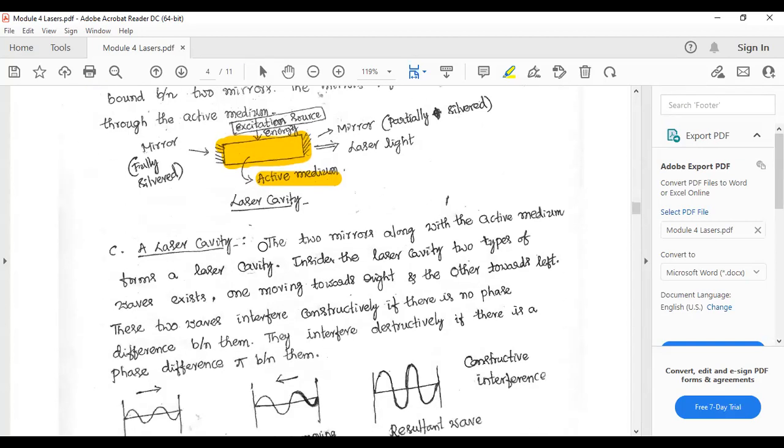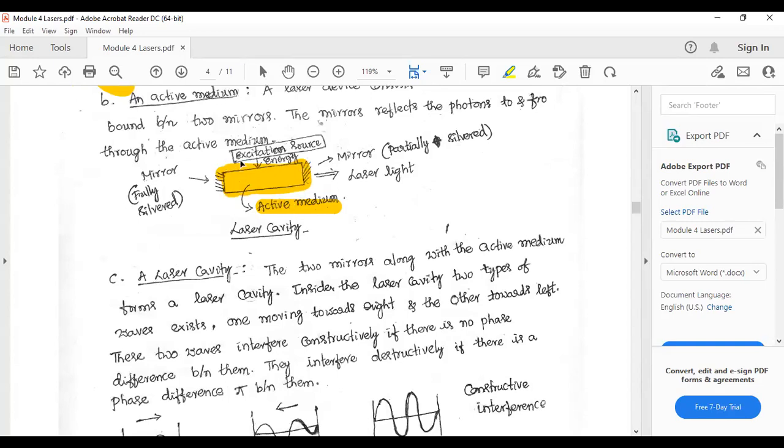And then the laser cavity is nothing but this rectangular material made up of glass or fiber, which is enclosed with mirrors. On either side you will have a mirror. You can see this is also a mirror and this is also a mirror. One side I have a fully silvered mirror. Just try to imagine, if I excite the atoms inside this laser cavity, these atoms will de-excite by emitting photons, and the emitted photons will be in various directions.